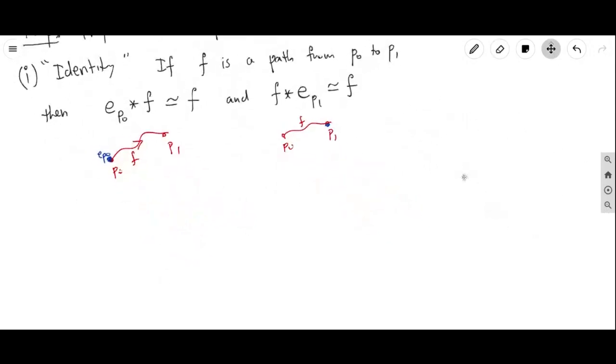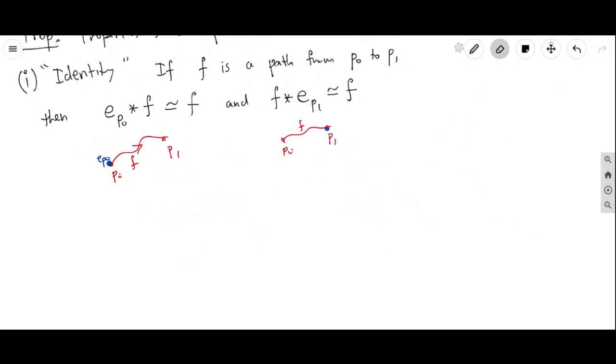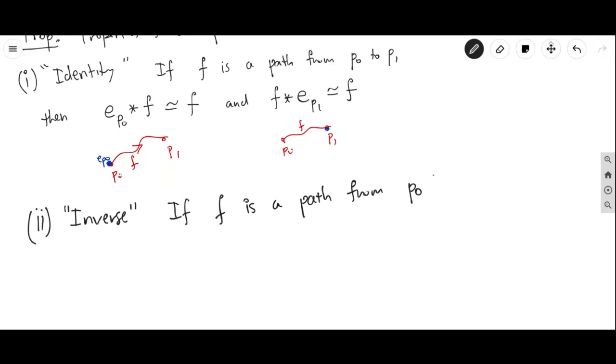Now, the other thing I want to mention, so you have an identity, and then you can talk about this thing called the inverse. So this is property 2. This is called the inverse. So if f is a path from P0 to P1, then if you do f juxtapose the reverse path, then this is going to be homotopic.